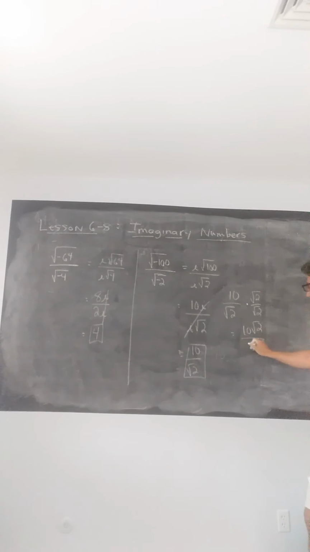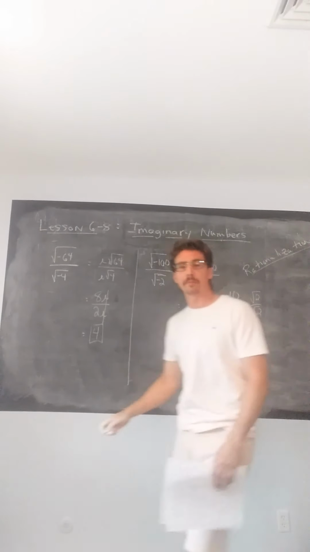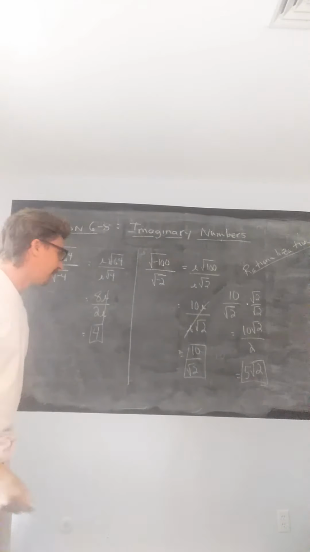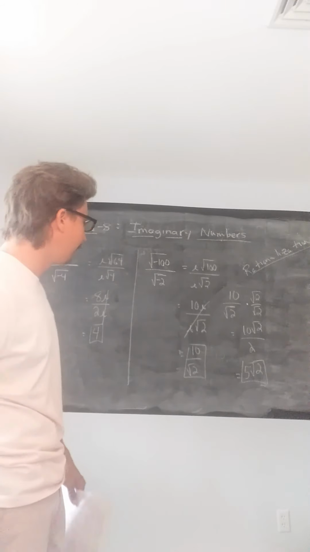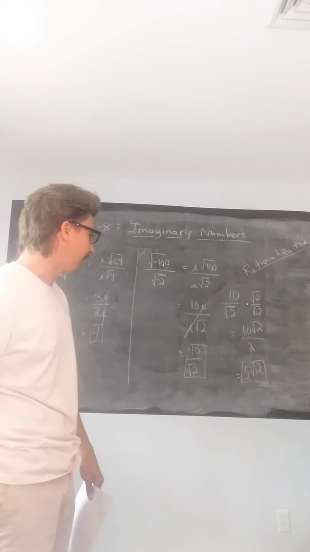So root 2 times root 2 is just 2. You see that? Any number under a radical times the same radical is just that number underneath. And 10 over 2 is 5, so this would be 5 root 2 if you do something called rationalizing or rationalization. The slick trick that we use in all branches of math, because mathematicians are funny like that and they don't like having radicals sometimes in the bottom.